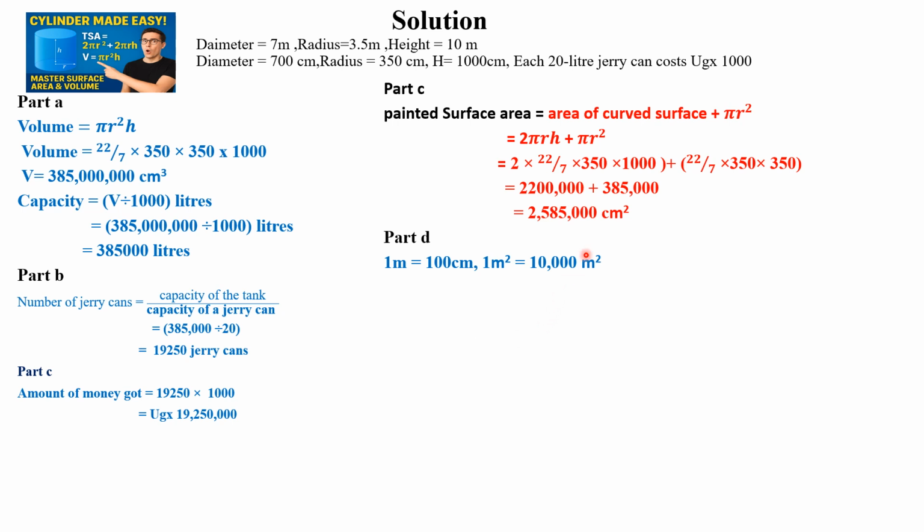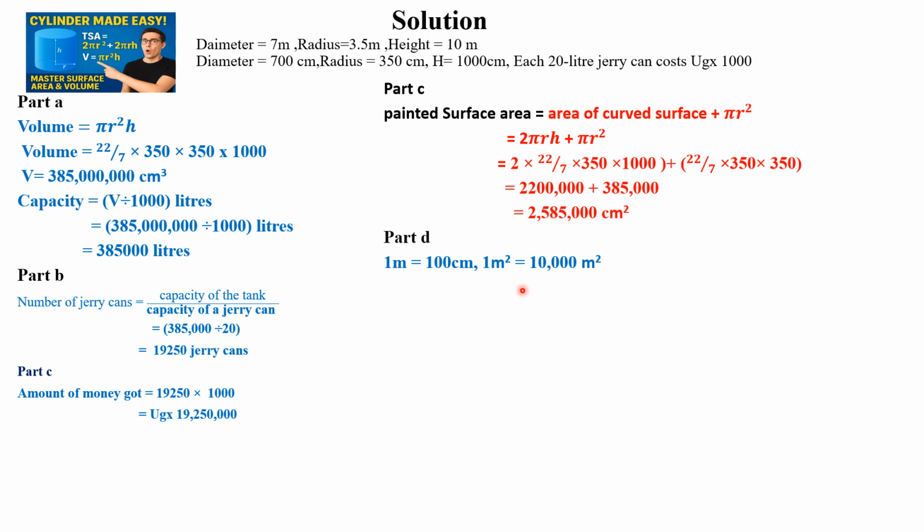But remember, I have my area in square centimeters. And now you need to ask yourself, how much will you need for painting? You need to find the total surface area to be painted.